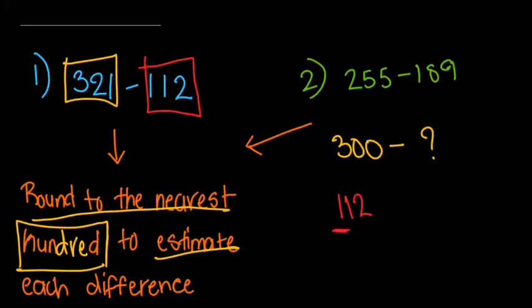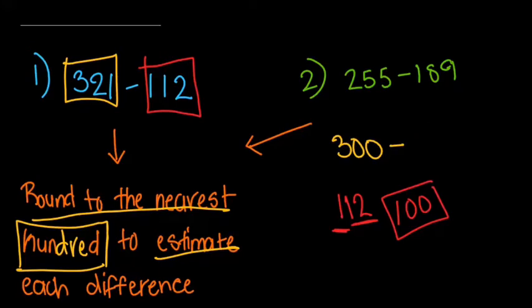To do that, we first look at the tens. The tens is closer to 0 than it is to 10, so again this becomes 100. 112 rounded becomes 100 because 12 is closer to 100 than it is to 200.